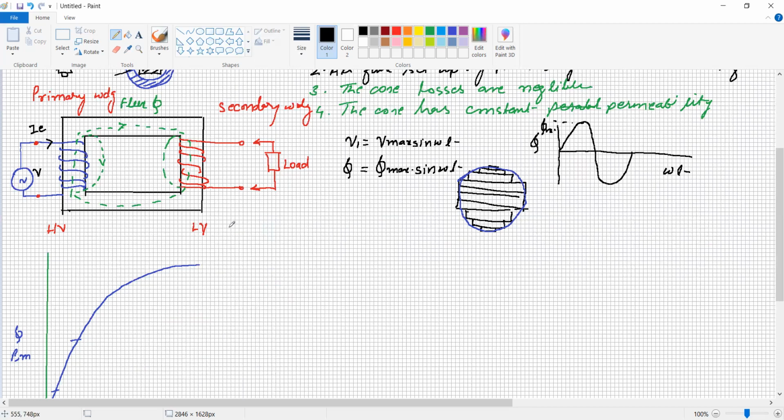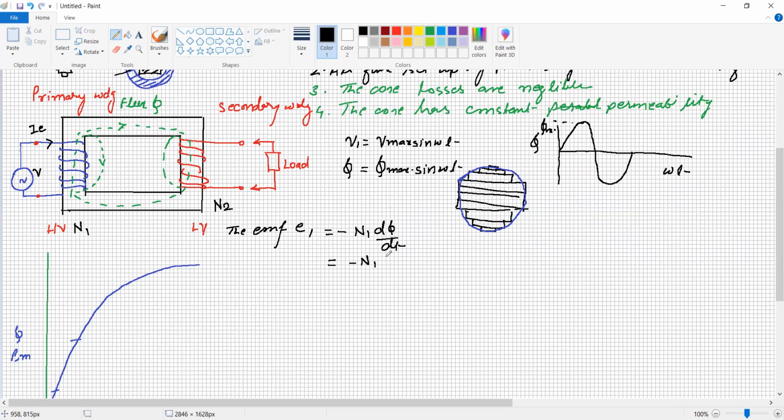So the EMF E1 is induced in the primary. Let the number of turns in the primary winding be N1, and the number of turns on the secondary winding be N2. Therefore E1 is equal to minus N1 d phi by dt, the flux linking with the primary winding, where phi is phi maximum sine omega t.